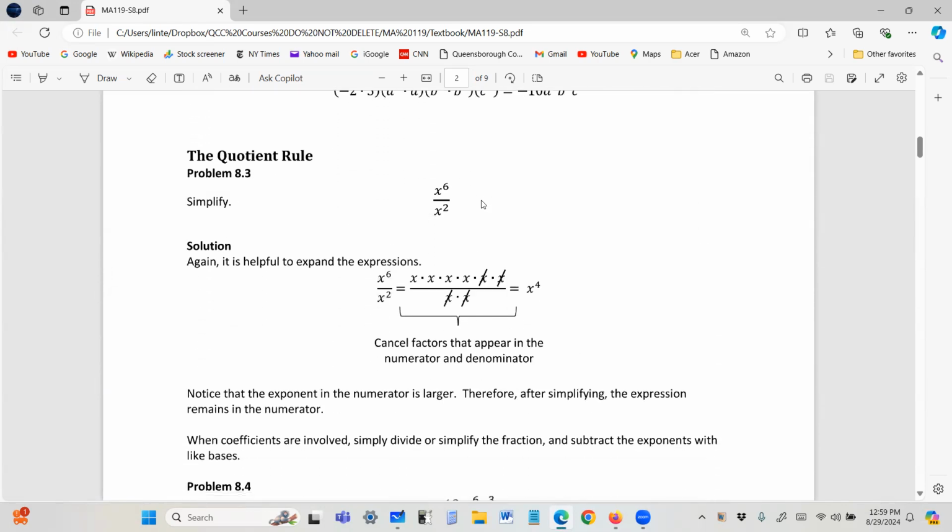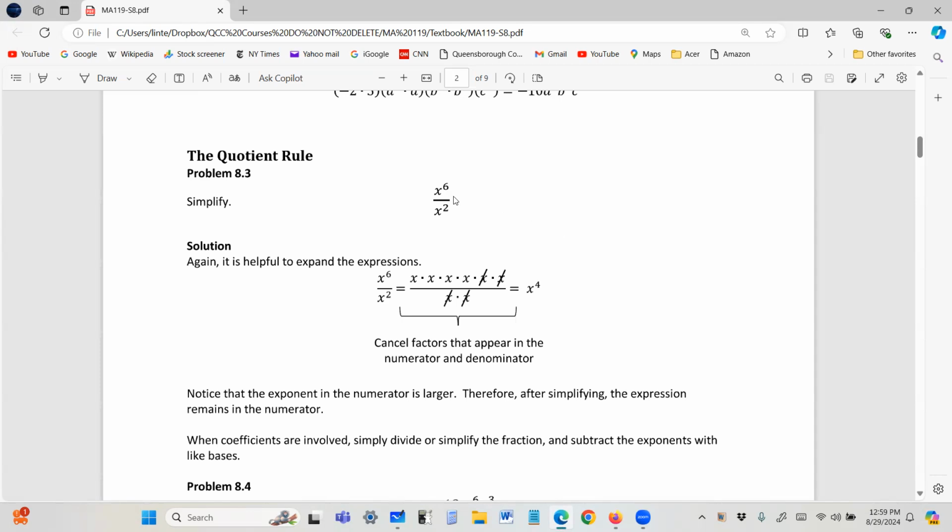Now, for the quotient rule, meaning division, it's similar. Provided that the bases are the same, like we have here, x to the 6 divided by x squared, all that we do is subtract the exponents. It's going to be the numerator exponent, 6, minus the denominator exponent, 2.